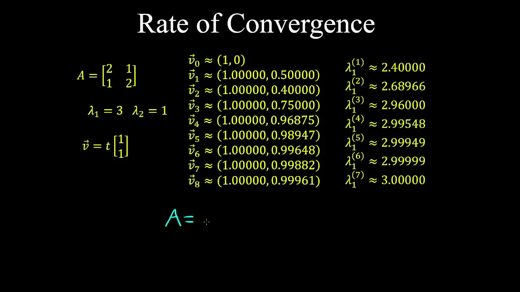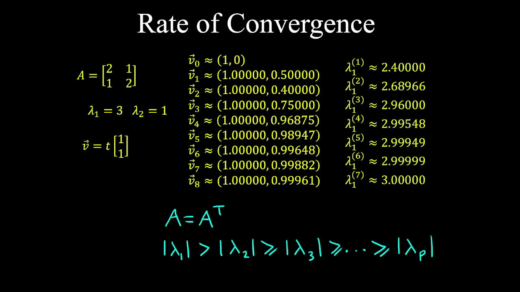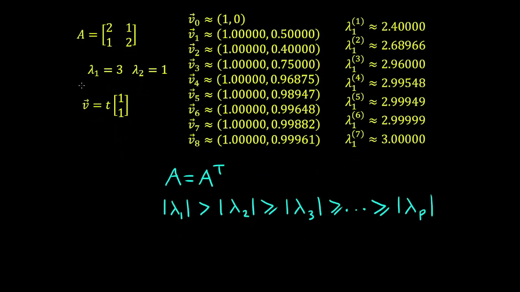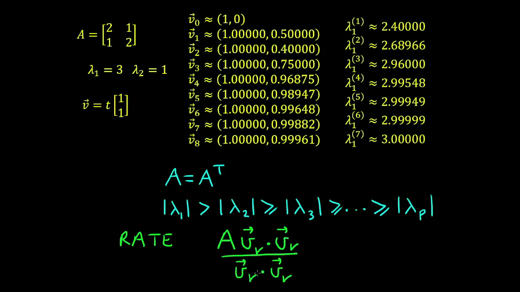Given a symmetric matrix A with eigenvalues that can be arranged in descending order based on their absolute value as follows, up to the final eigenvalue, then the rate at which the Rayleigh quotients for the rth iteration converge to the dominant eigenvalue lambda1 depends on a ratio with the two largest absolute values of the eigenvalues.